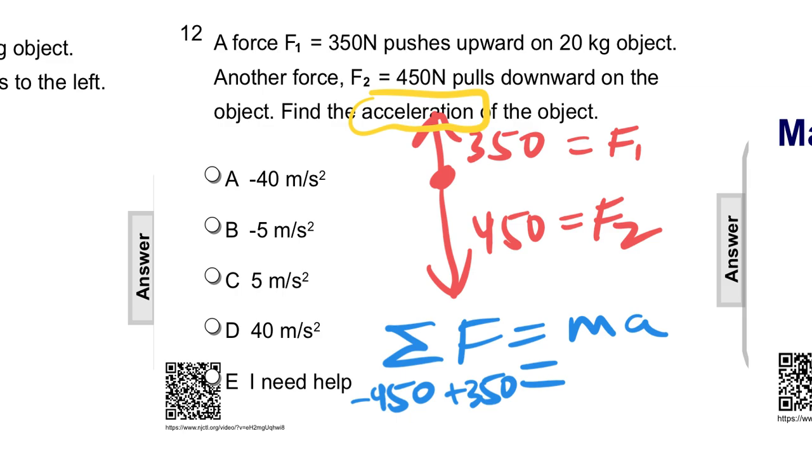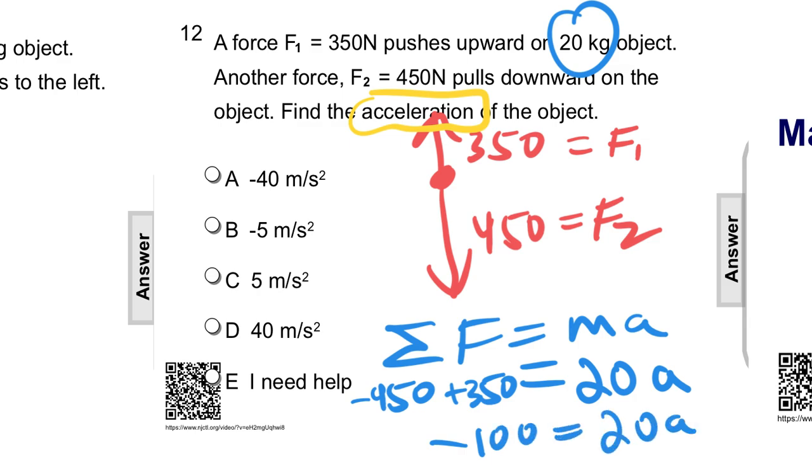Or you could do plus 350 minus 450. Okay, and then the mass is 20 kilograms. So negative 100 equals 20a.